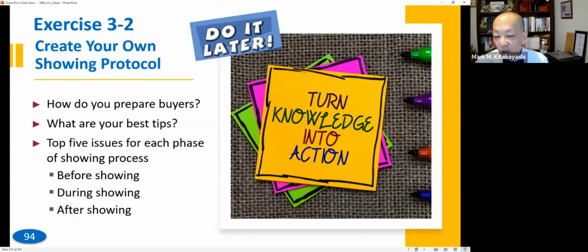What are the top 5 issues for each phase of the showing process: before showing, during showing, and after showing? With your experience, you want to create do's and don'ts for your client as well, so buyers are really aware and educated on how the showing process works.